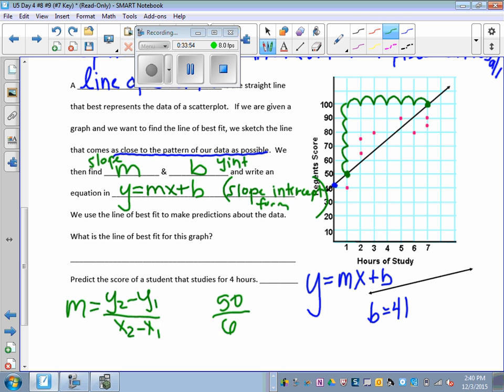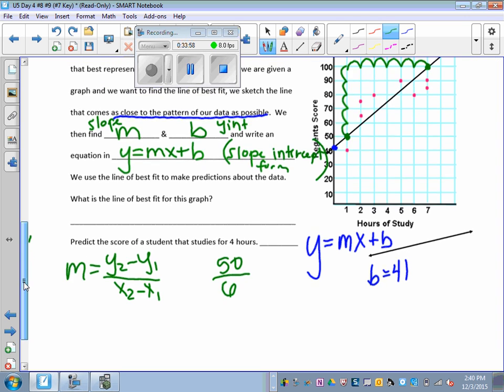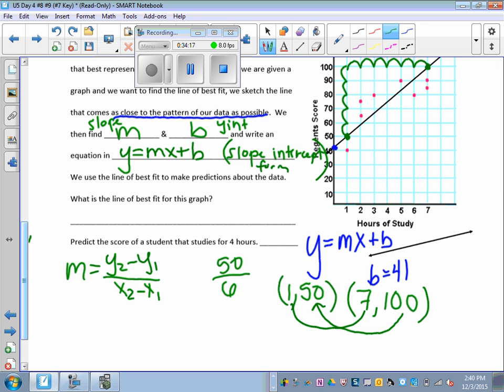Again, you could just actually write these points. If I write out what these points are, I have the point (1, 50). And my other point was (7, 100). And then you can just do your equation for slope. 100 minus 50 and 7 minus 1, which gives you 50 over 6.